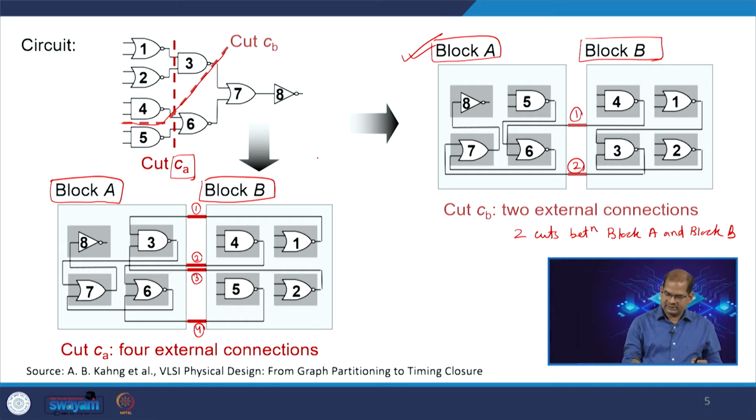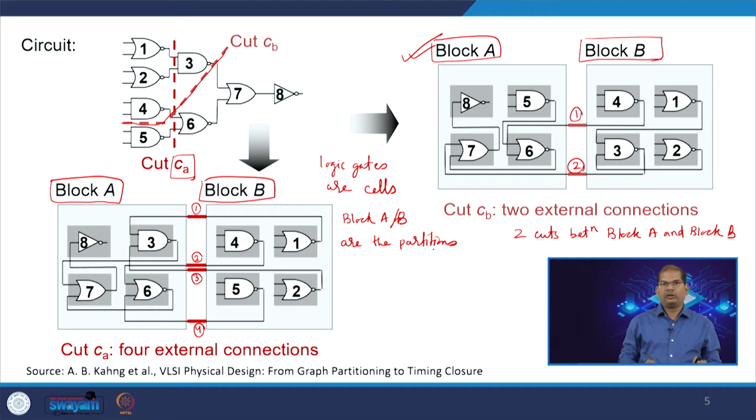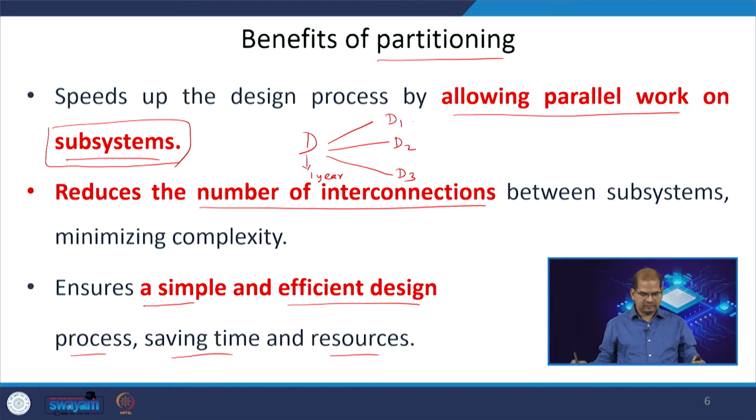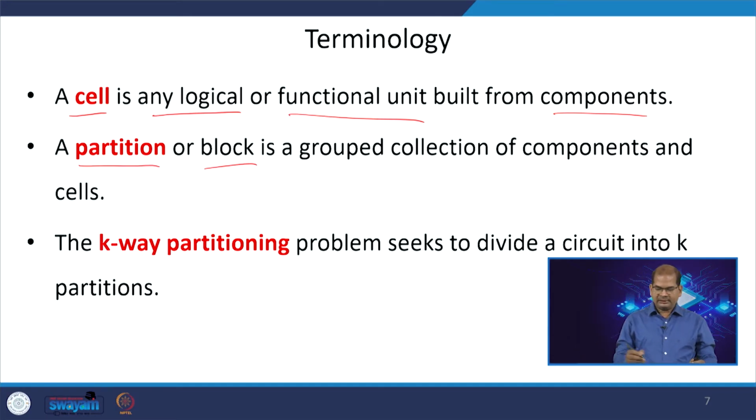These logic gates are cells here, and block A and block B are the partitions. So, a partition is a grouped collection of components and cells, that is, logic cells and logic gates.